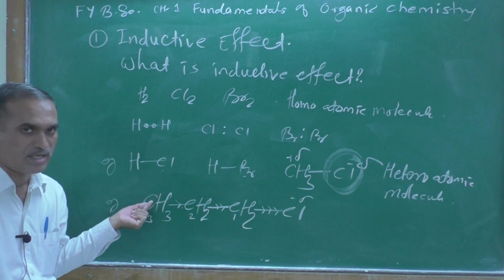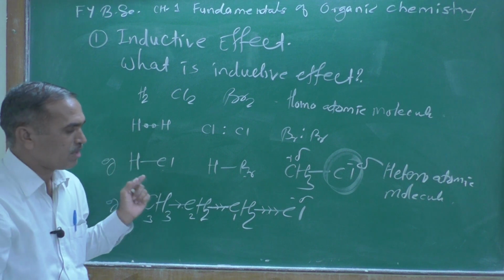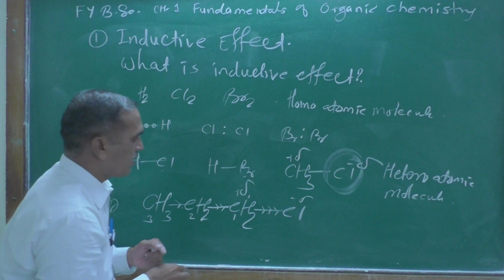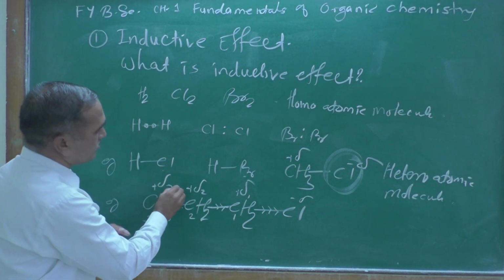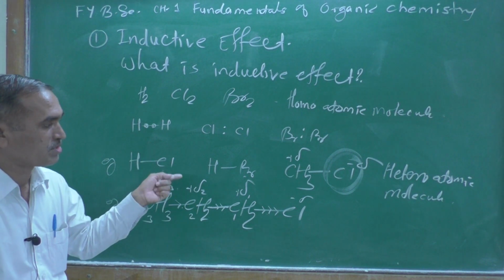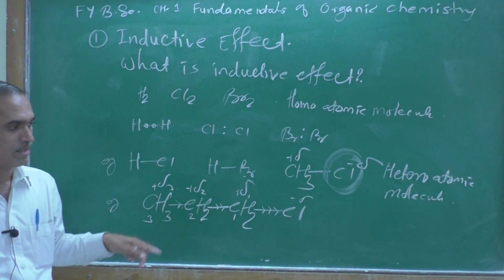Here we have plus delta, then plus delta 2, plus delta 3, partial positive charges developed on these carbon atoms.